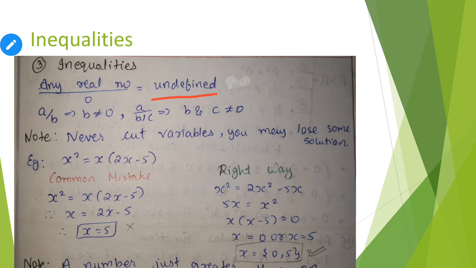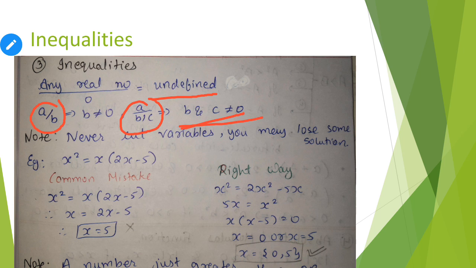So for this we have a form a by b, where b should not be equal to 0. If in a question we are asked the value of a divided by b divided by c, then before solving this we have to check whether b and c are equal to 0 or not, because if b or c, any one of these is 0, then the function will be not defined and we will not be able to solve further. So make sure this is defined.